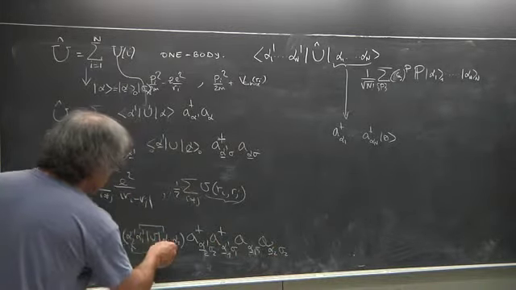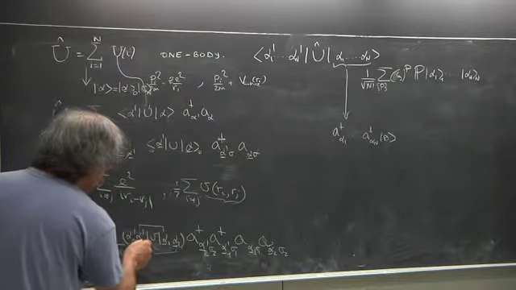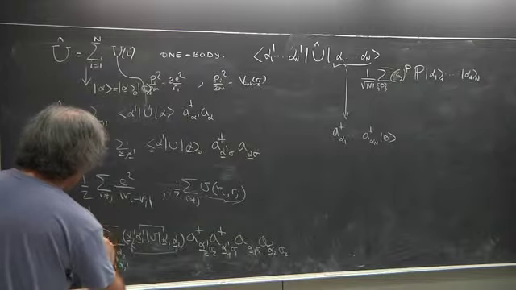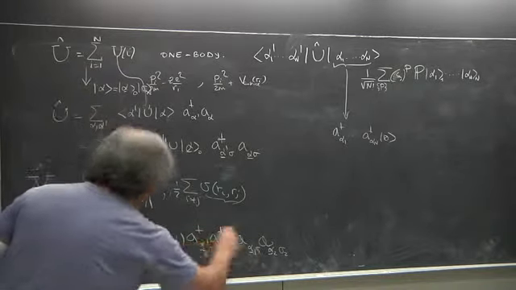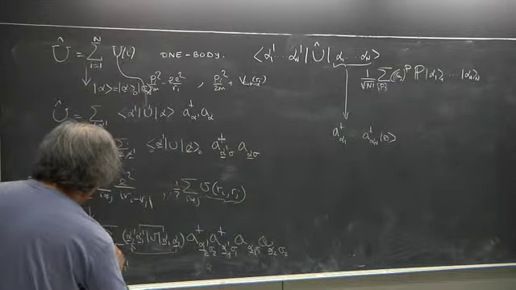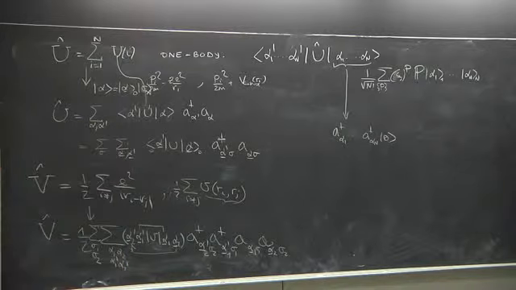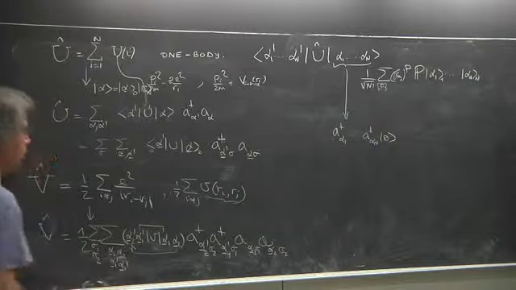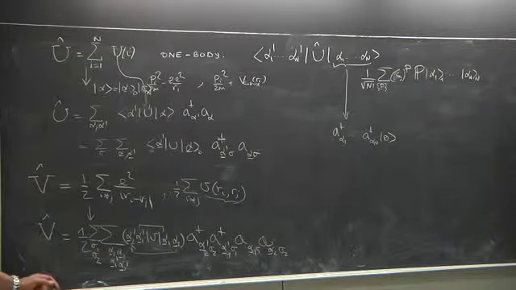At this point, these are just orbital part labels. However, I should add also a sum over the two indices of spin, sigma 1 and sigma 2, okay? So this would be a more detailed expression for the Coulomb interaction or any other potential that does not depend on spin in second quantization. Okay?